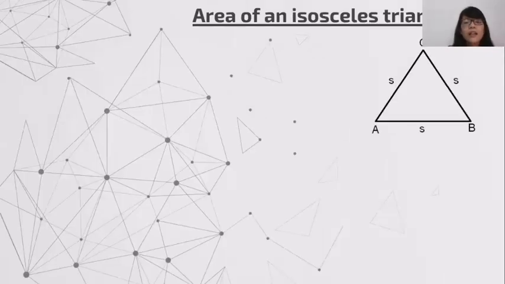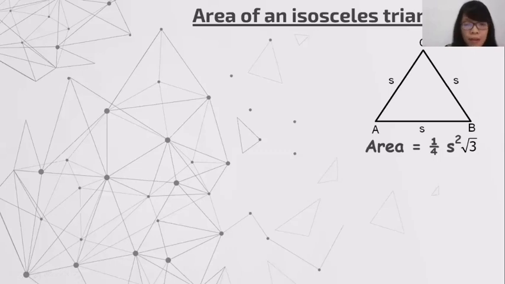Okay, the area of an isosceles triangle. Actually, this formula can help you if you have no idea about the base or height of the triangle. But as long as you have base and height, we don't need to use this formula.